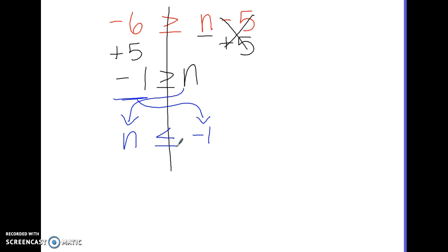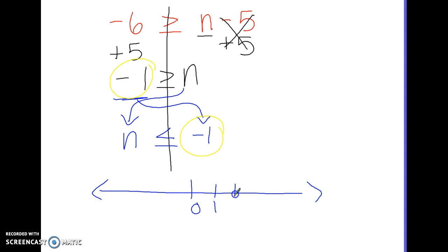An easy way to remember this is if the alligator is eating -1 on this side, it has to eat -1 on this side as well. Now if I go to graph this, I draw my number line, 0, positives on the right side, negatives on the left side.